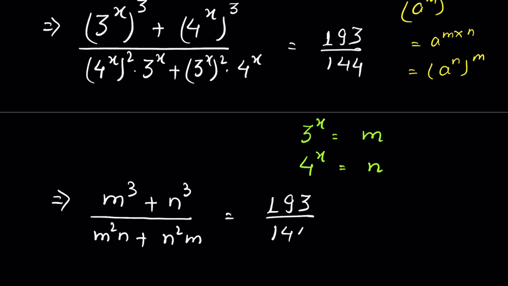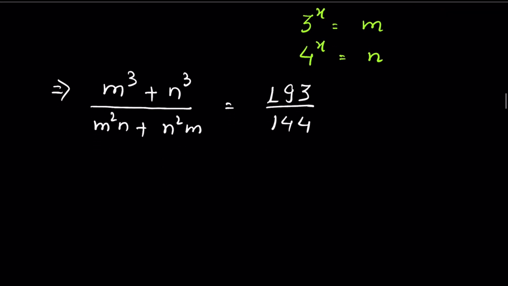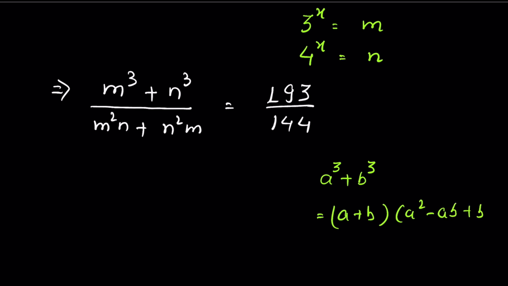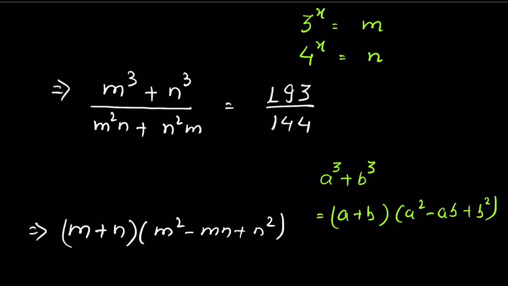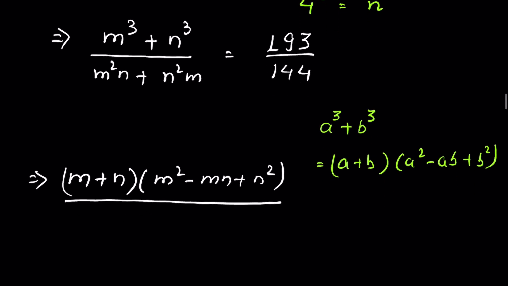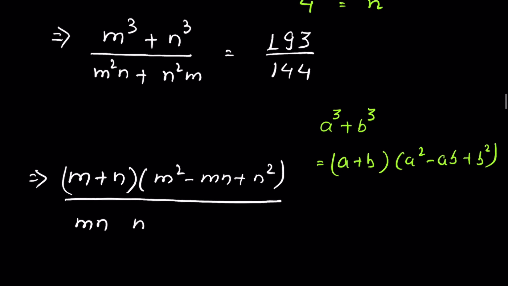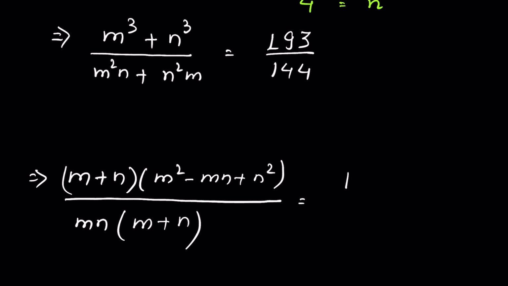Now m cube plus n cube is in the form of the algebraic expression a cube plus b cube, and this we can expand as a plus b times a square minus ab plus b square. So this we can write as m plus n times m square minus mn plus n square upon, here we can take mn common and write mn times m plus n in the bracket is equal to 193 upon 144.